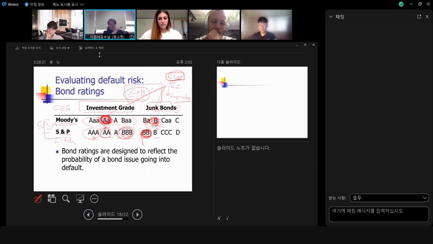So there's a differentiation in receiving interest and principal by using tranches. Okay, so there are those kinds of financial instruments.